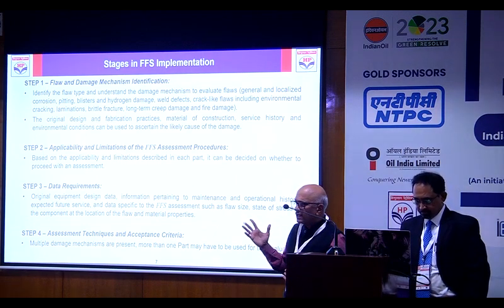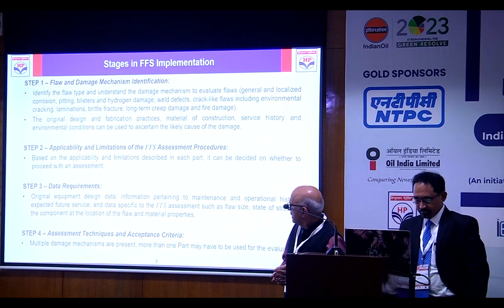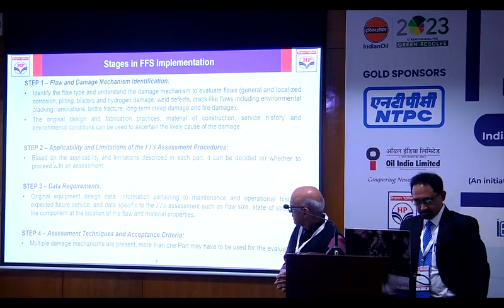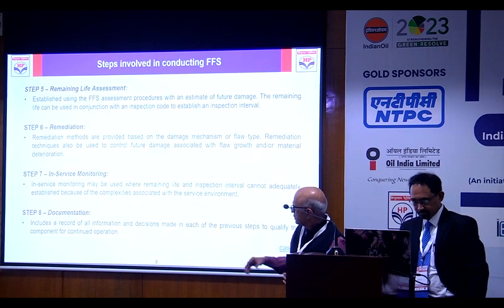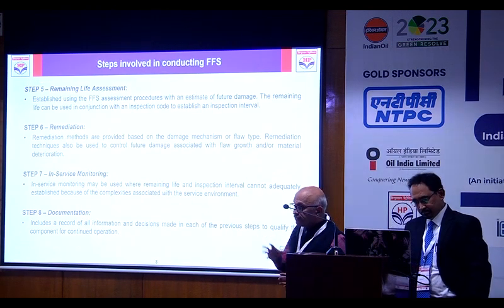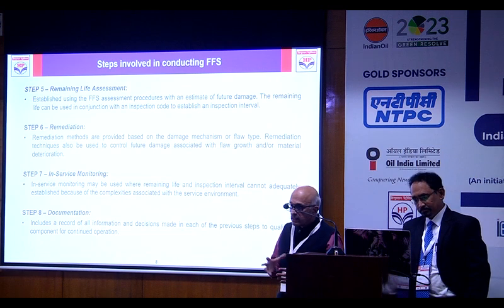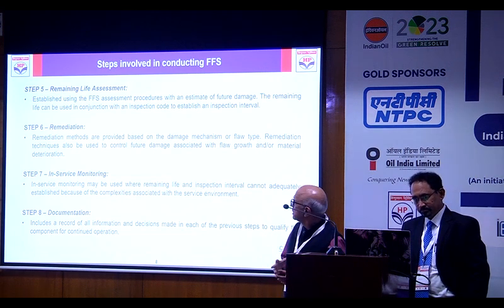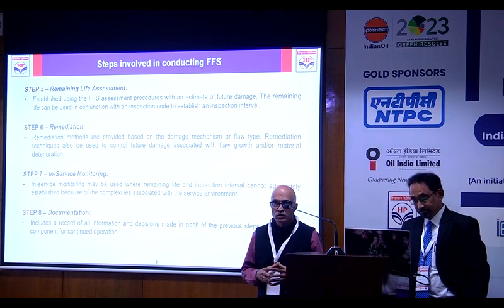There are about 13 damage mechanisms that have been identified there. Then the data requirements are also delineated. Then assessment techniques and acceptance criteria. This is very crucial, the fourth one. Fifth, we have to do remaining life assessment also in some cases. Then the remediation for the damage, to ensure future damage does not happen. And in-service monitoring is the most important.